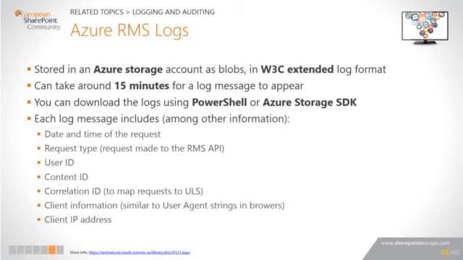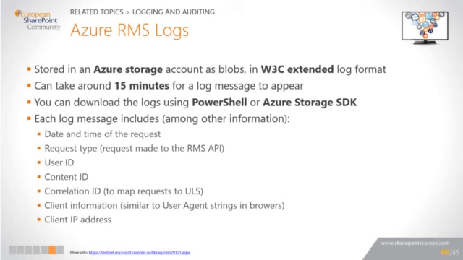And each log message includes, among the information, the date and time of the request, the request type, requests made to the RMS APIs, such as whether it's acquiring a license or some other request type. The user ID, the content ID, the correlation ID, which is used to map the requests to the ULS log.